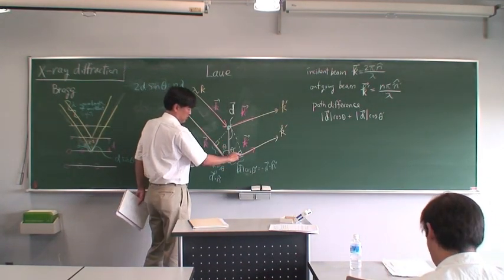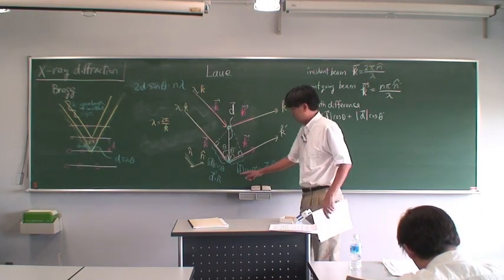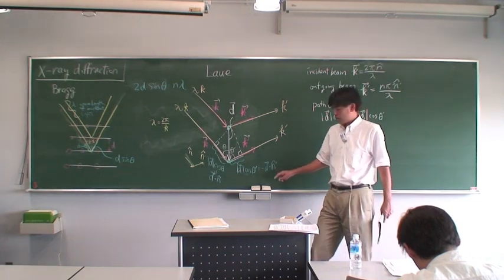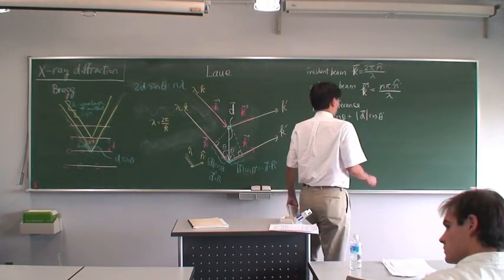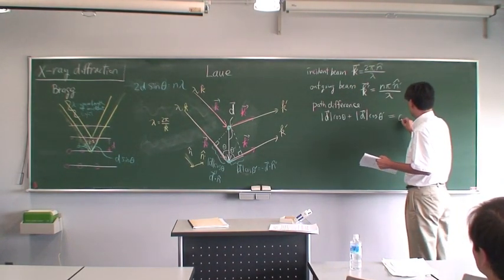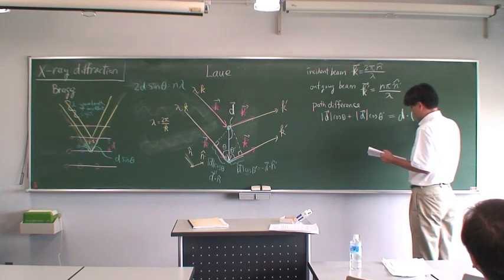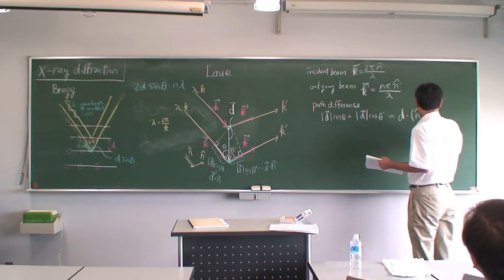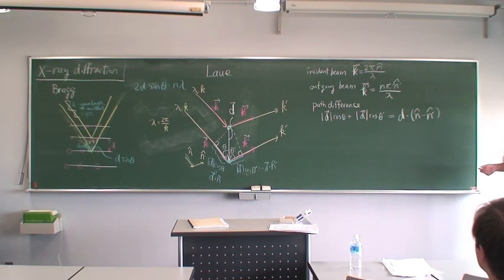This d is a different direction from this direction. So if you accept this and this, then this becomes d, the inner product n minus n prime. Okay?